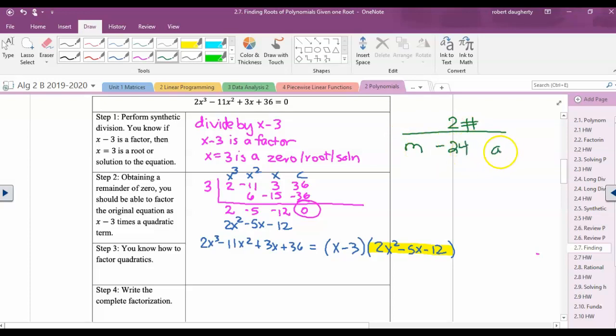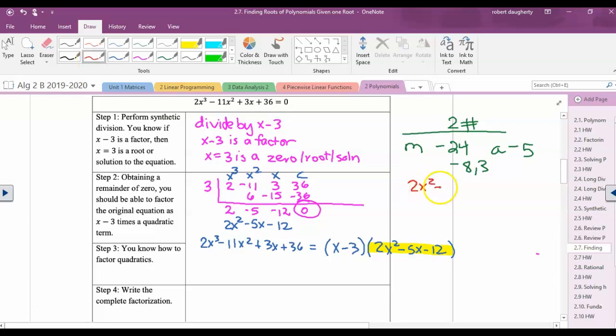Negative 24, and add to give me what? Negative 5. What numbers can do that? Negative 8, positive 3. Is the answer x minus 8, x plus 3? No, because this number starts with a number other than 1. Okay, so I have to write this so that I can factor by what method?